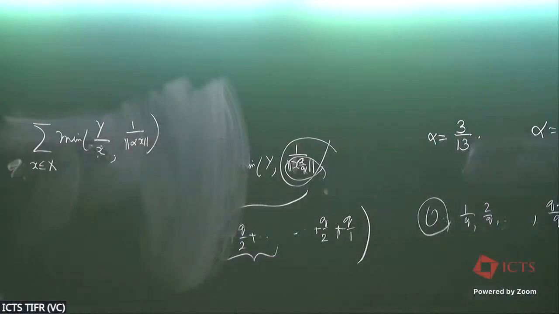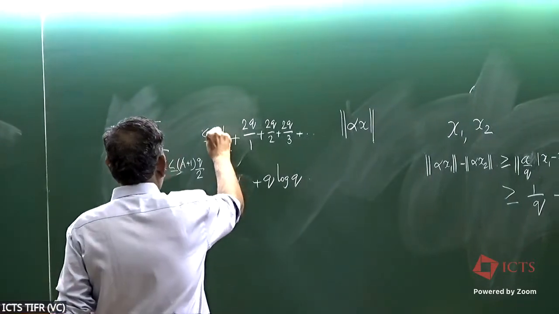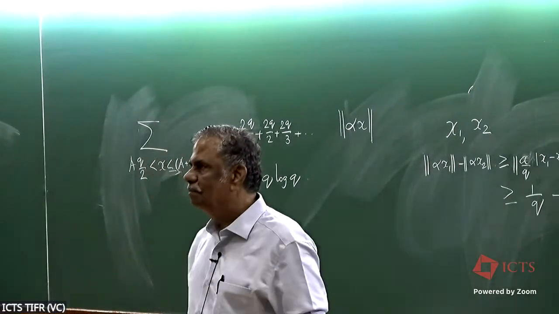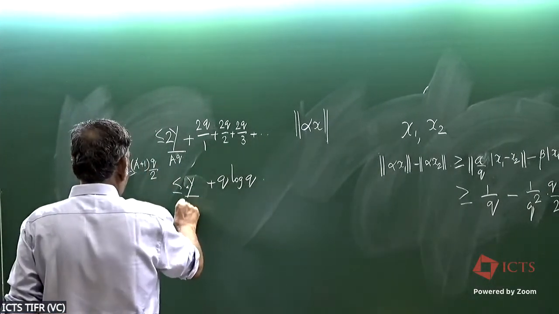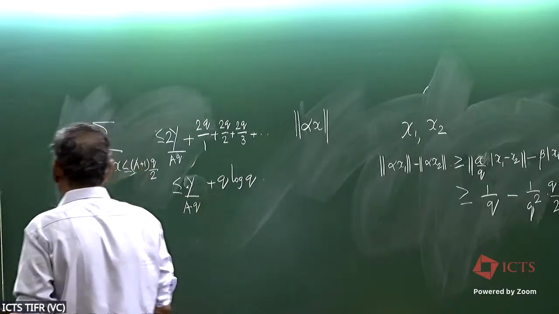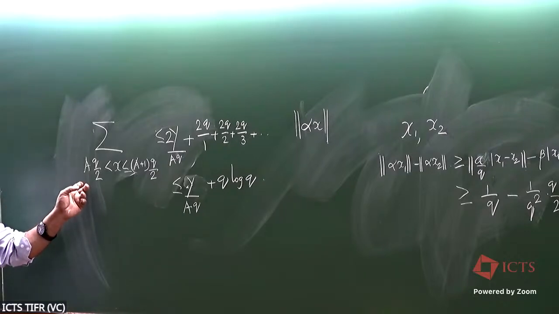And for the first one, it will not be y now. It will be y over aq. Therefore, that will be 2 y over aq, I mean, ignoring the constant, so y over aq plus q log q. And then you can sum over a, except for the fact that a goes from 0 to something.